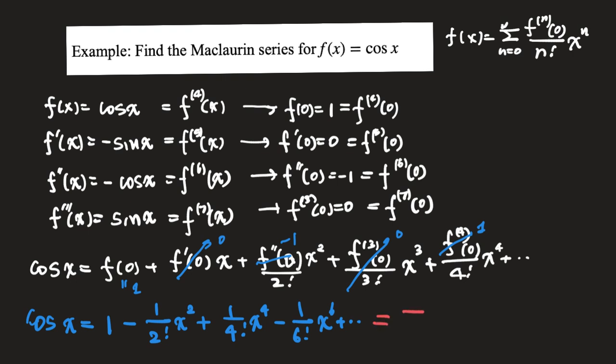In summation notation, it is the summation from n equals 0 to infinity, with alternating sign negative 1 to the n, over 2n factorial, since the denominators are 2 factorial, 4 factorial, 6 factorial. When n equals 0, it is 0 factorial, which is 1. So that is negative 1 to the n over 2n factorial times x^(2n). That is how you find the Maclaurin series for cosine.